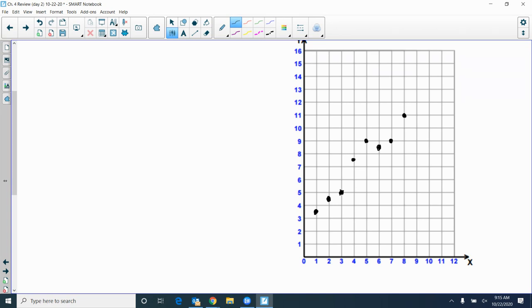Or what was it? So it should be 4, 7.5. Hey, what's the correlation then? Because that's what it's asked for on your sheet, right? Positive, negative, or zero? Positive correlation.